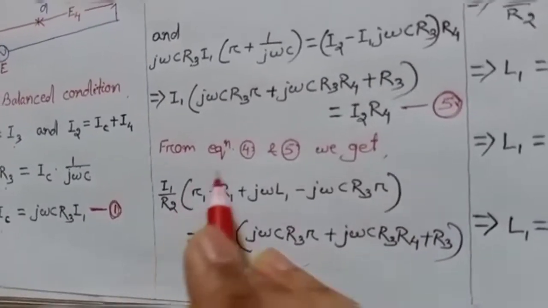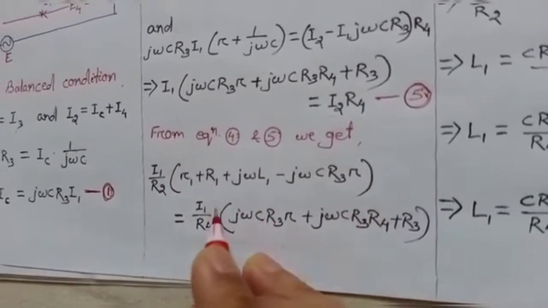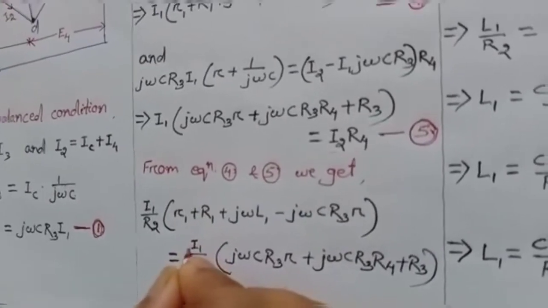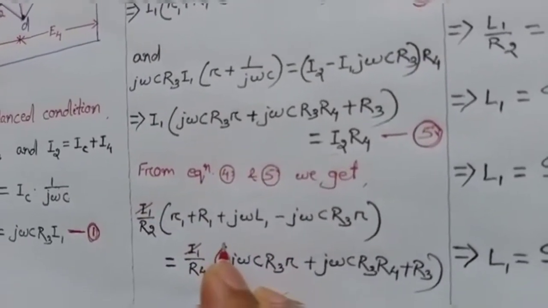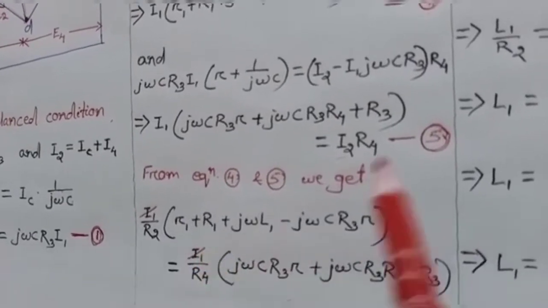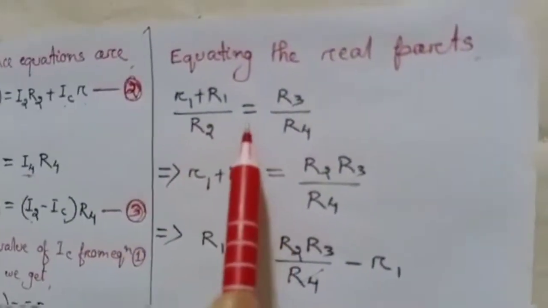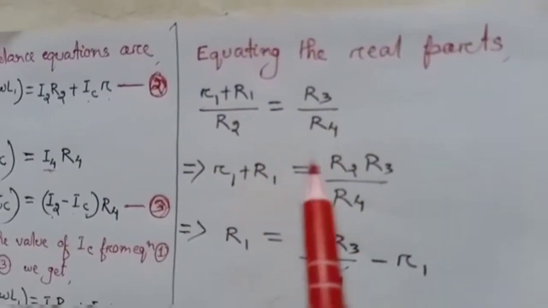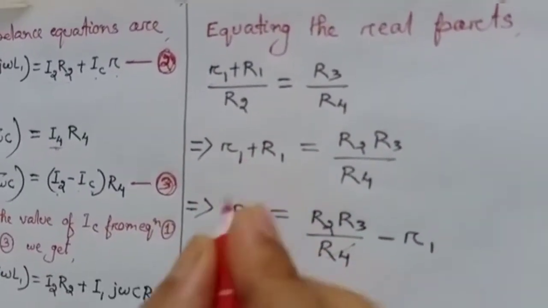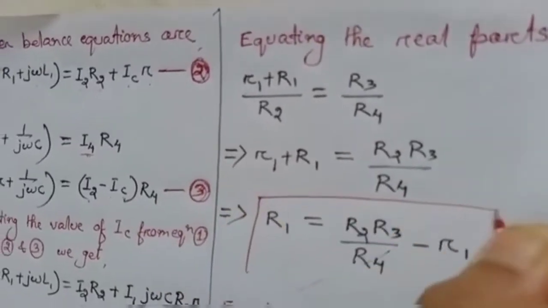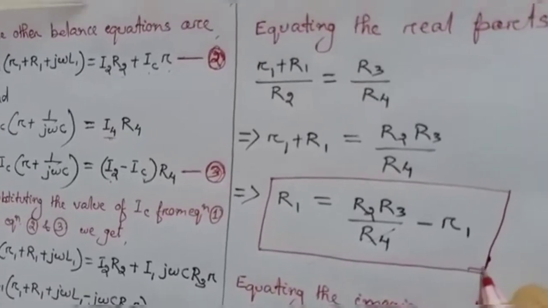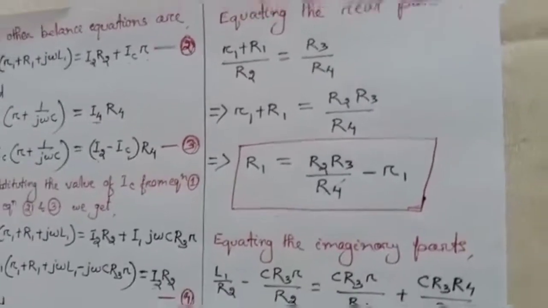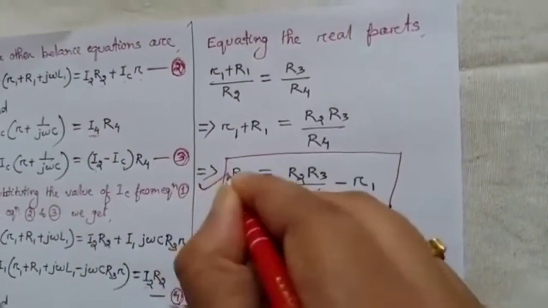From this equation, I1 and I1 also cancel. Equating the real parts, we get R1 plus r1 by R2 is equal to R3 by R4. Finally, the value of R1 is R2 R3 by R4 minus small r1. This is the value of unknown resistance R1.